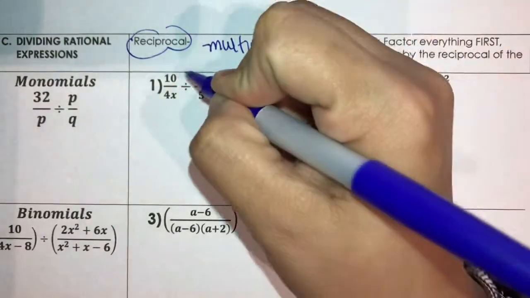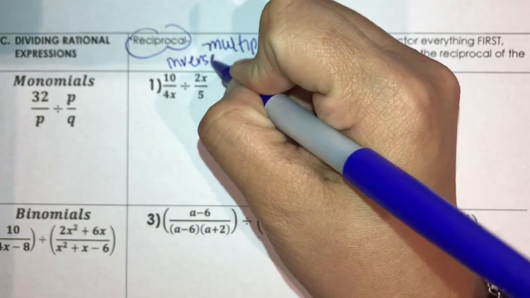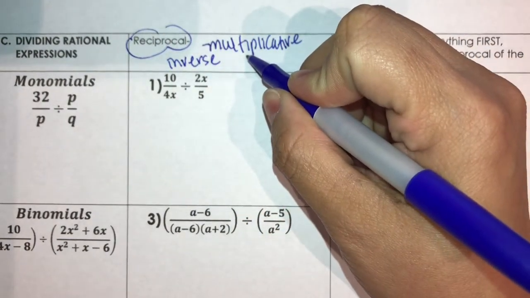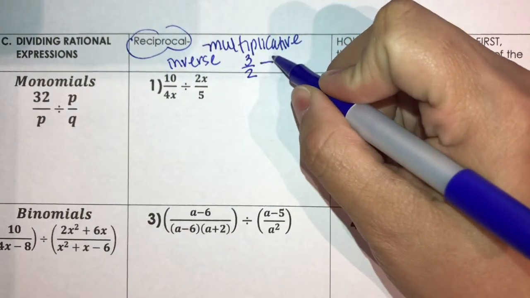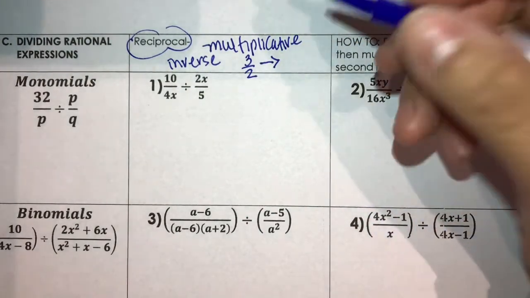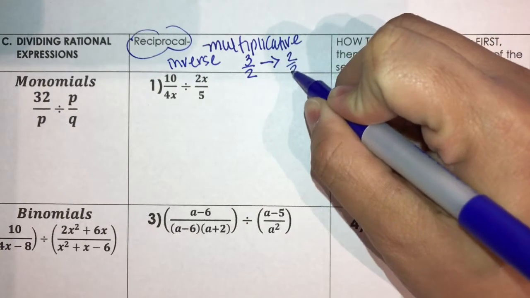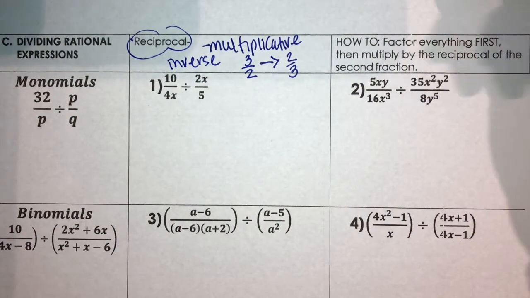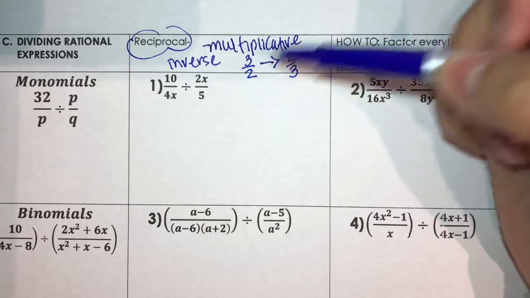If I have 3 halves and multiply it by its multiplicative inverse, 2 thirds, I get 1. So reciprocal is when the numerator becomes the denominator and the denominator becomes the numerator.